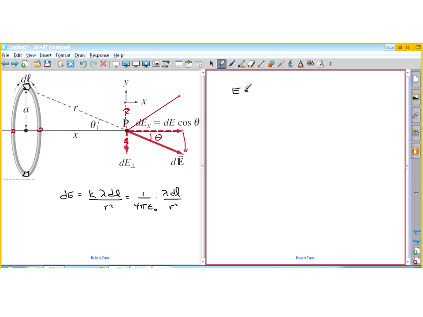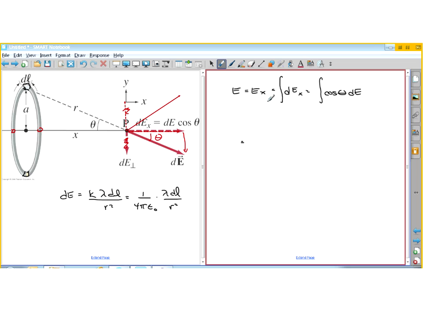So the total electric field is just going to be the x component because the y components cancel out. And to get that, we add up all the differential amounts all the way around the circle. Because of this geometric relationship, the x component is just equal to the cosine of theta times dE.